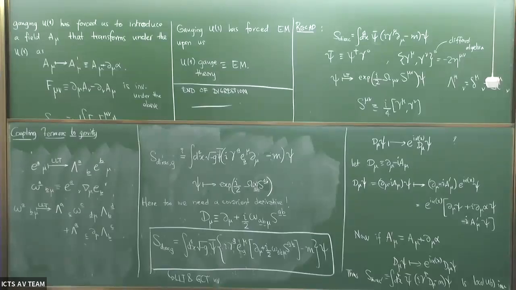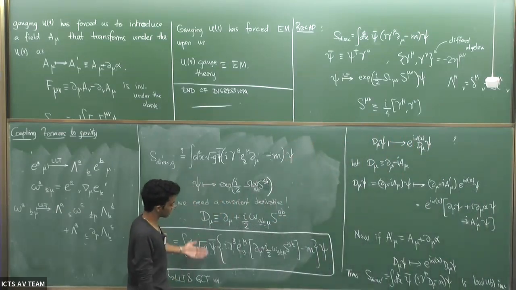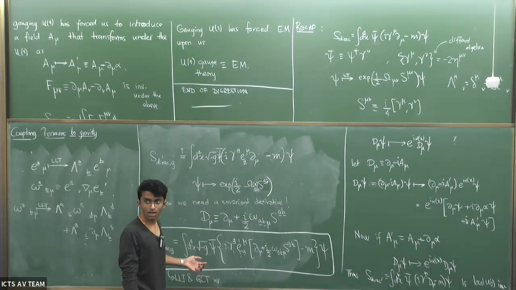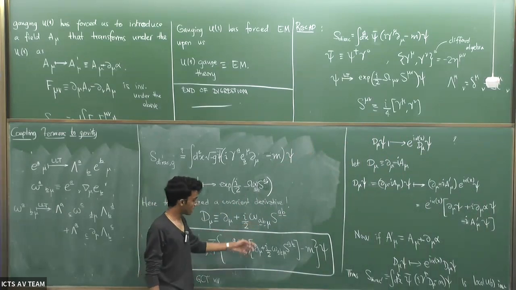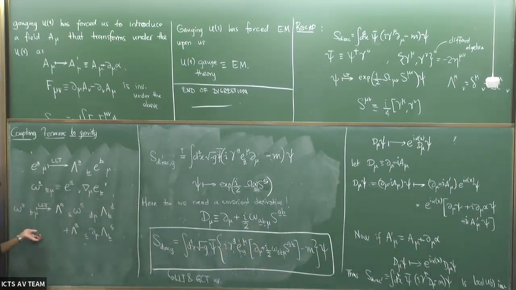Let me also note this other point that I was making, that you would have discovered electromagnetism if you did a U1 gauge theory. If you had done this calculation, and if you didn't know that gravity existed, you would have to postulate such an omega, and then you have to find how omega transforms such that this remains invariant, and you would have found this. Okay.